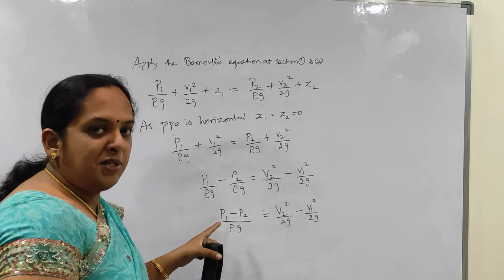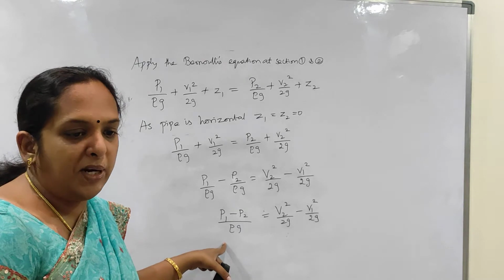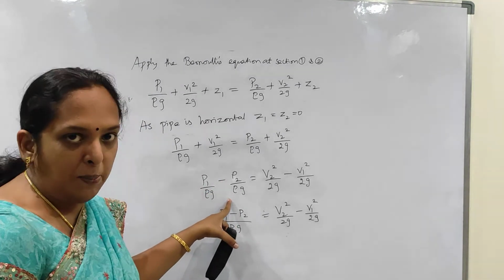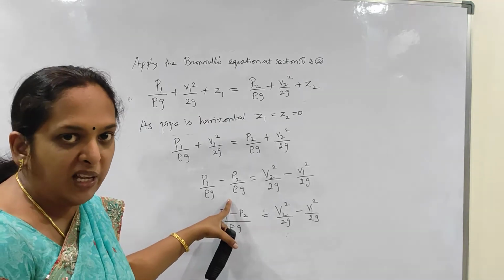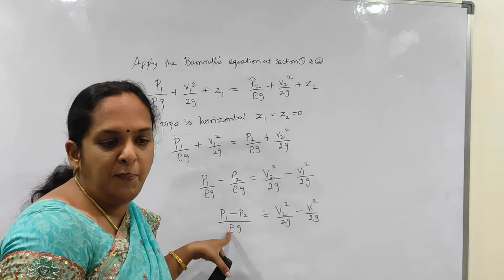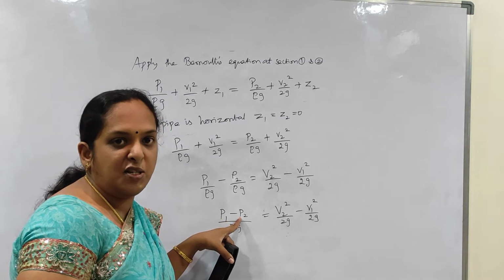P1 by rho g is the pressure head at section 1 and P2 by rho g is the pressure head at section 2. So P1 minus P2 by rho g is the difference in pressure head at section 1 and section 2.